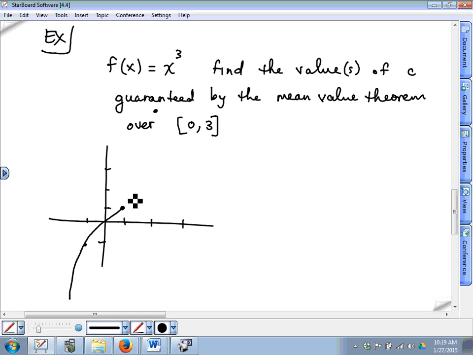The graph looks something like this. You guys okay so far? That's what the graph looks like, yes? So between 0 and 3, we have the area under this curve between 0 and 3, right?